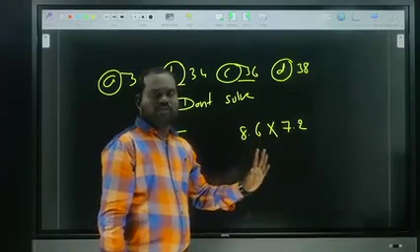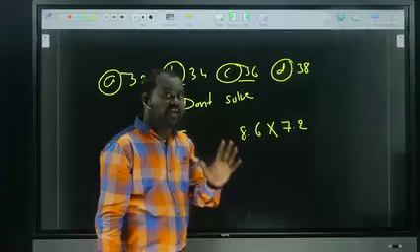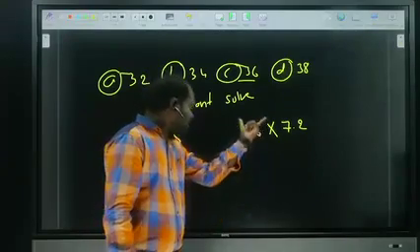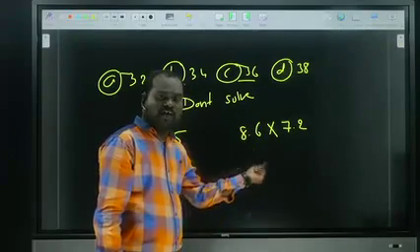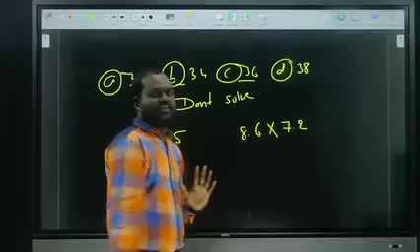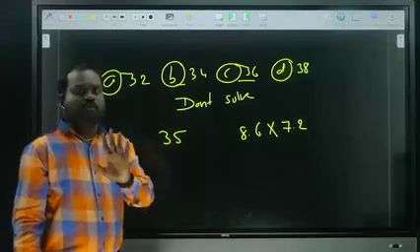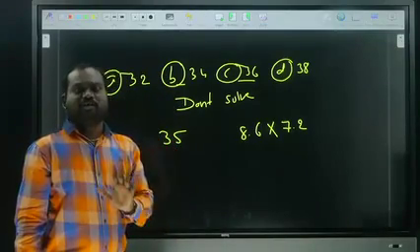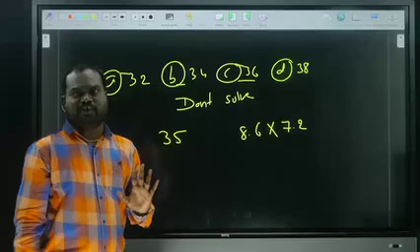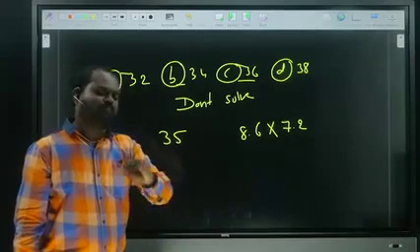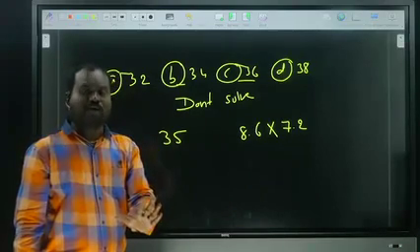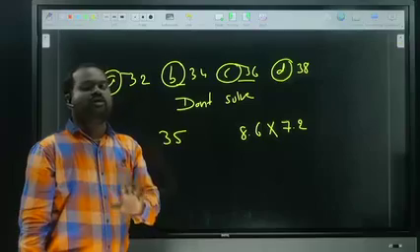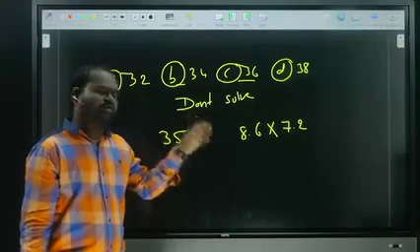Don't do like that. If your options are very close to each other, take as it is. Don't round off to 9, don't round off to 7. Take as it is. At that time you will get a very accurate answer. But it is time taking, so that's why it is better to skip the question. If you want to do it, don't round off, take as it is.